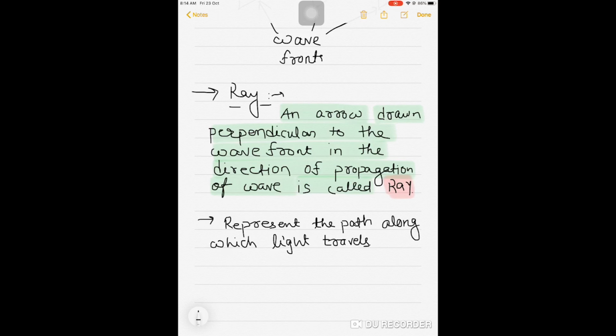That is, this illustrates two general principles. The first is that rays are perpendicular to wavefronts.